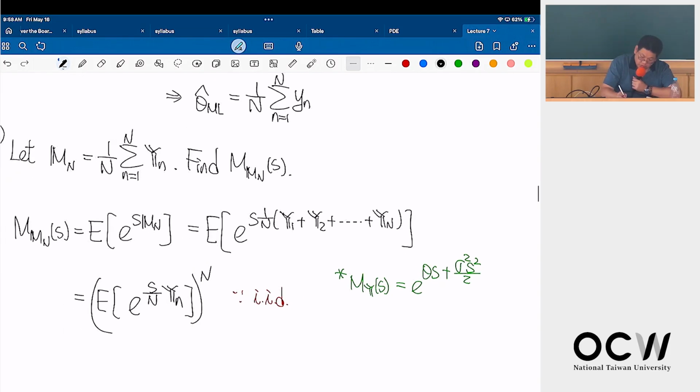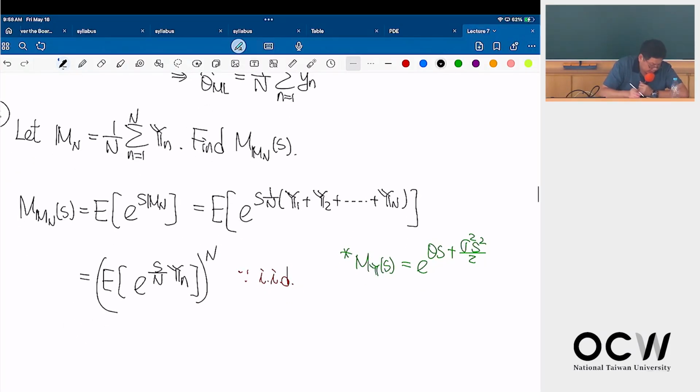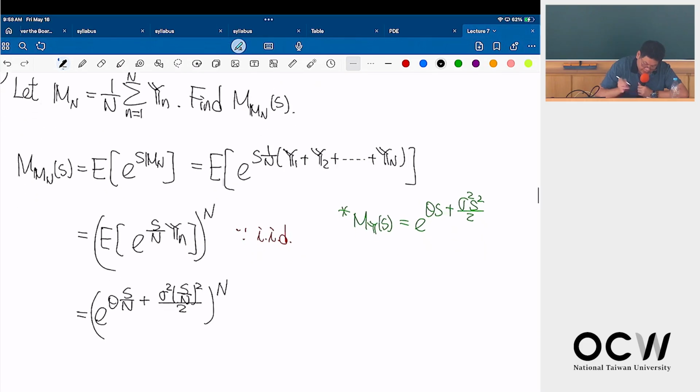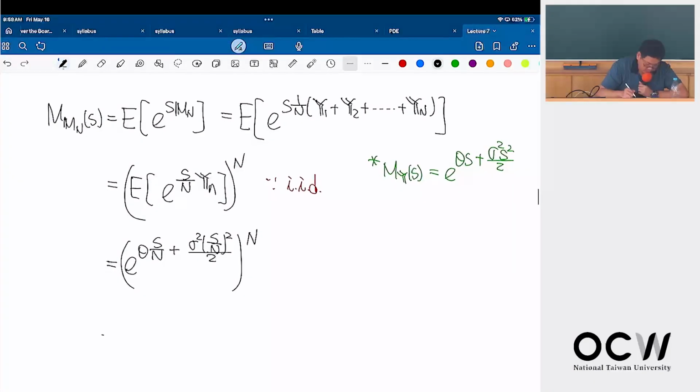So here, this should be e to the theta, s becomes s over n, sigma squared, s becomes s over n, squared over 2, overall to the power n. So we get e to the theta s plus sigma squared over n times s squared over 2.